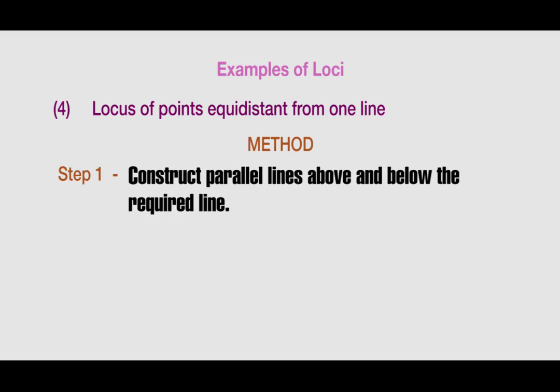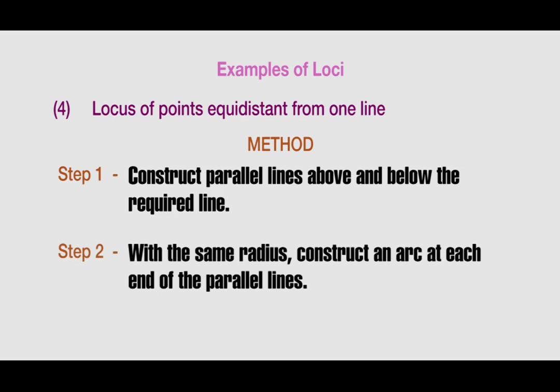Step 2, with the same radius that you use to construct the parallel lines, construct an arc at each end of the parallel lines to complete the construction. The running track obtained is the locus.